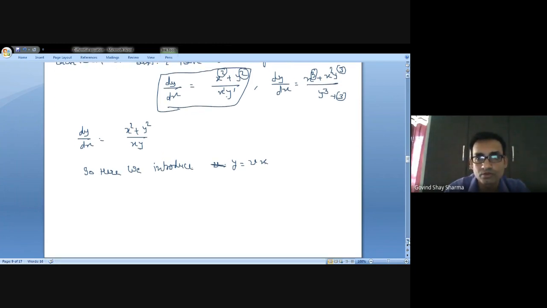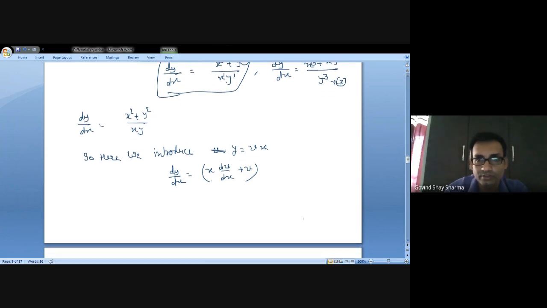So dy upon dx is equal to x dv upon dx plus v, after differentiation. Now replace in the given equation.